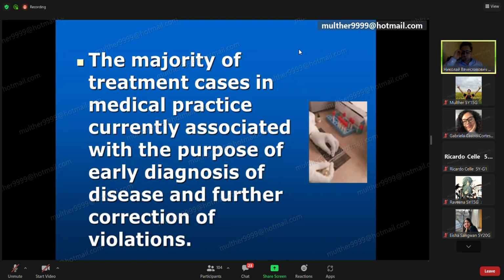The majority of treatment cases in medical practice currently are associated with early diagnosis of disease and further correction of detected violations. It's the goal of so-called primary prophylaxis by early correction of risk factors or early forms of, for example, oncological diseases.